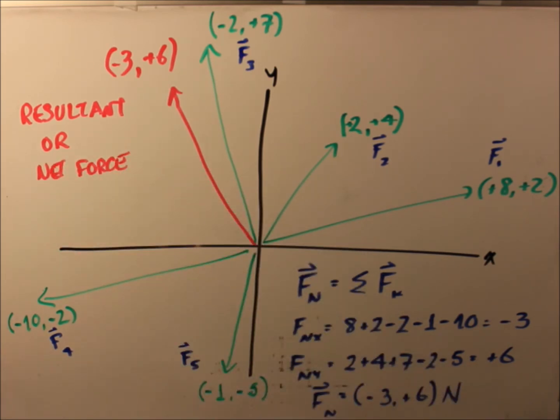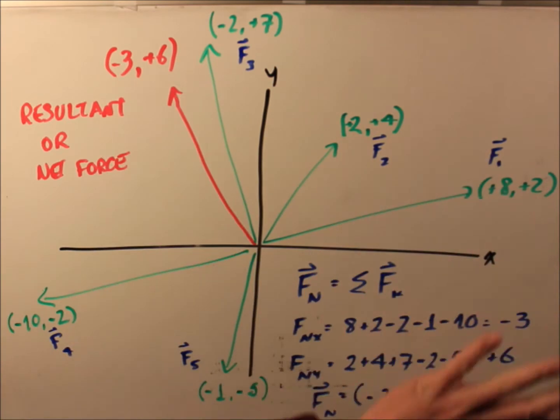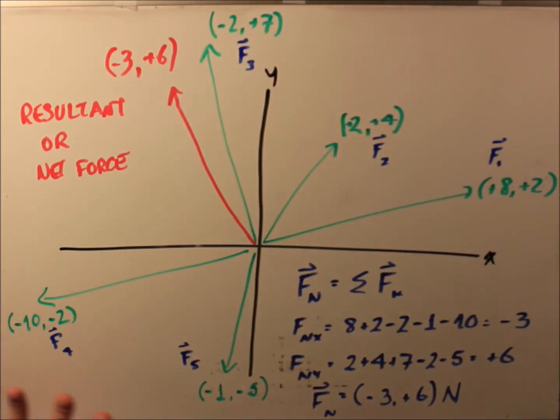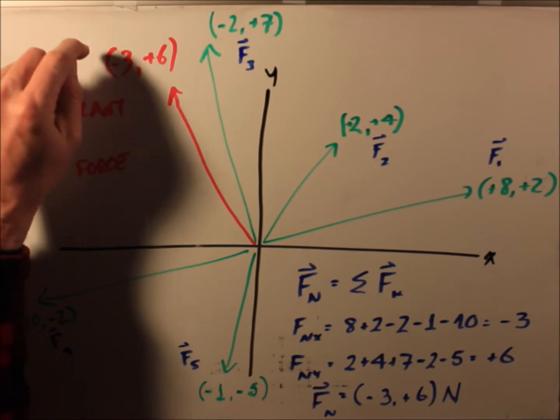And remember, if this is acting on a mass, and there's no friction, then this is the force that's going to be generating the acceleration. The acceleration we see in F equals ma is a result of this force. The rest of the forces are all canceled in one way or another to get to this force.